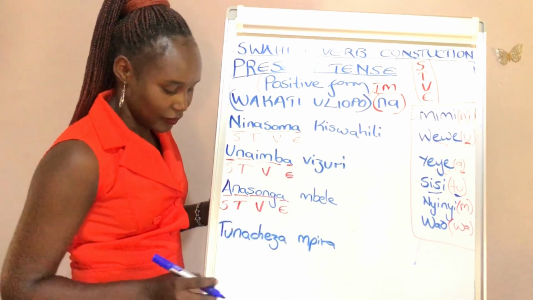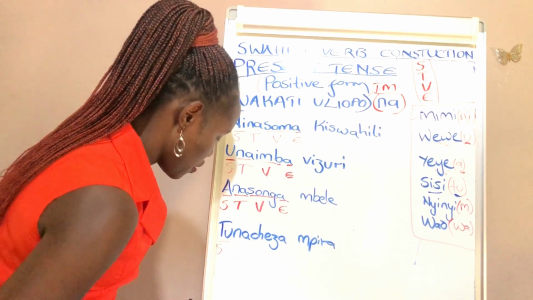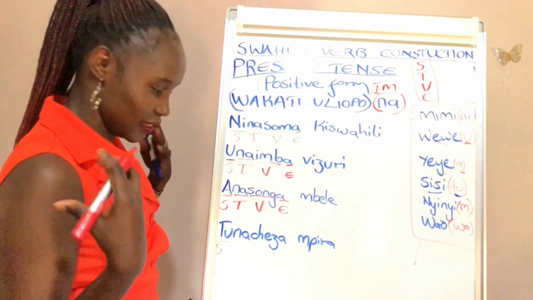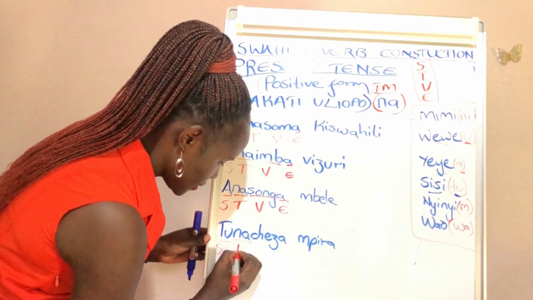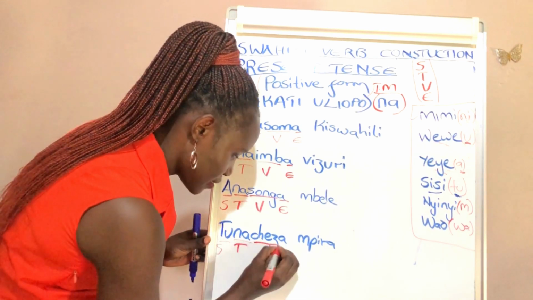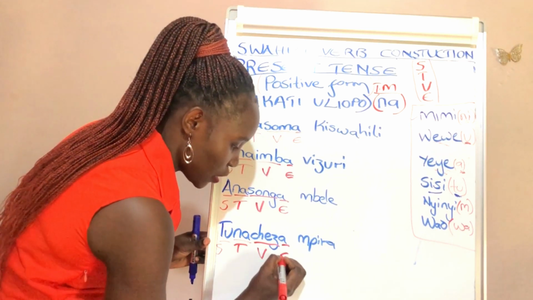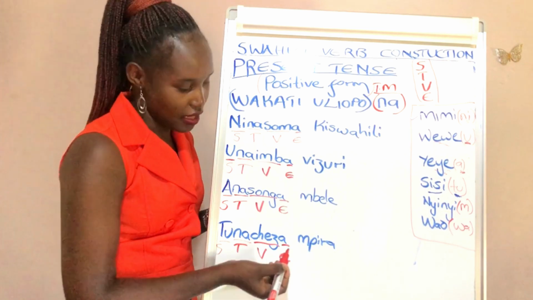Our tu is the subject prefix for personal pronoun sisi, we. Na is the tense marker, ches is our verb root, and then a is the verb end. Tunacheza mpira. We are playing a ball.